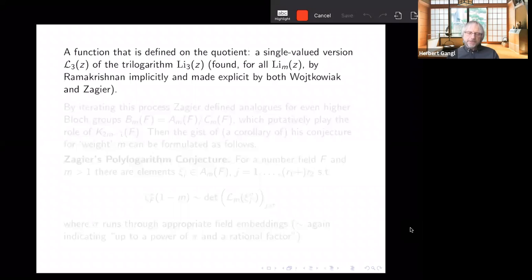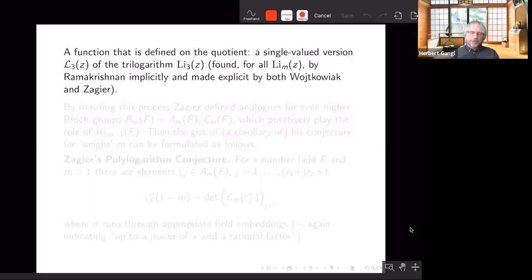So a function that is defined on that quotient is a single-valued version of the trilog. We just saw the trilog as this formal power series with z to the n over n cubed. And L3 of z is again, this time, the real part of a linear combination of Li3 and Li2 times Li1 and three Li1s.